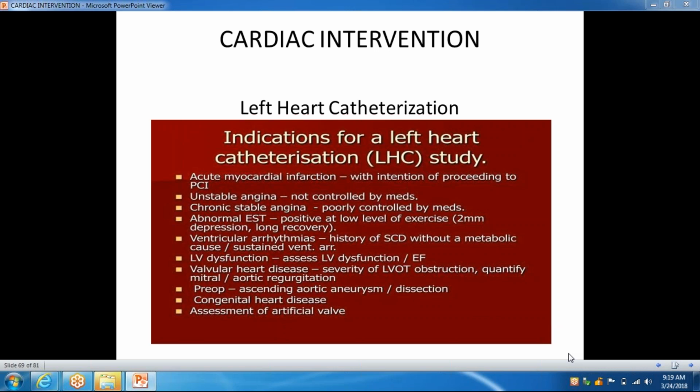And we do this very quickly because, as we say, time is muscle. If the patients have an acute myocardial infarction, the blood vessel is occluded, and because the blood vessel is occluded, the heart muscle downstream is going to be devoid of blood flow, and that heart muscle dies.